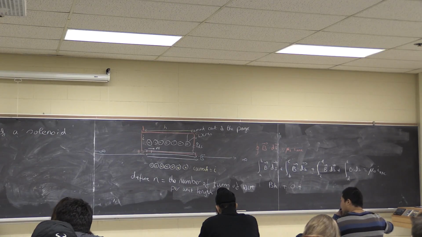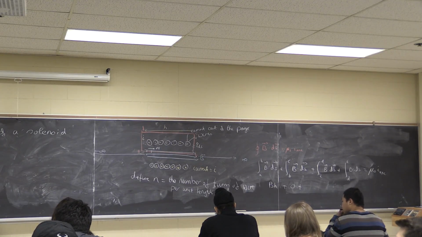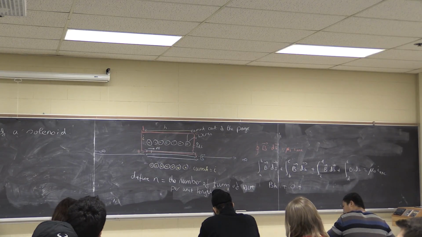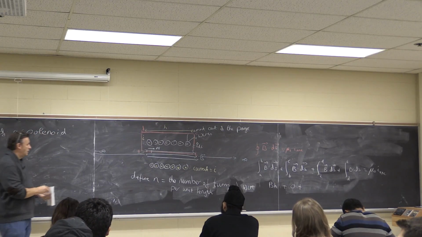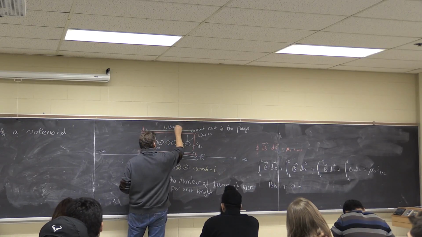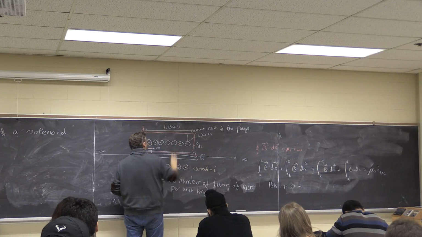So if this is infinite in both directions, I could argue the magnetic field is so small that I'm going to call it 0 outside. If I measure a magnetic field at any point outside, it's going to be so small because I've spread those field lines out so far. So I'm going to assume B is 0 outside. So B up here is 0, or if you'd prefer, approximately 0.